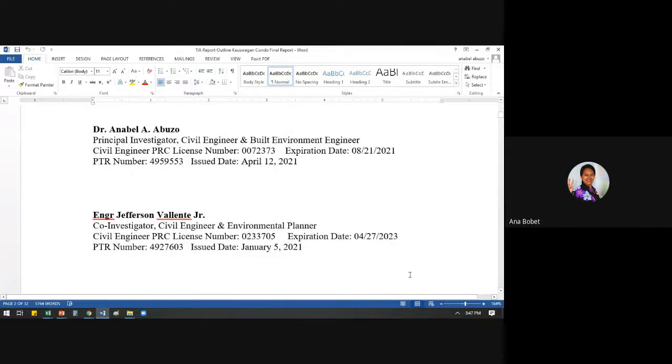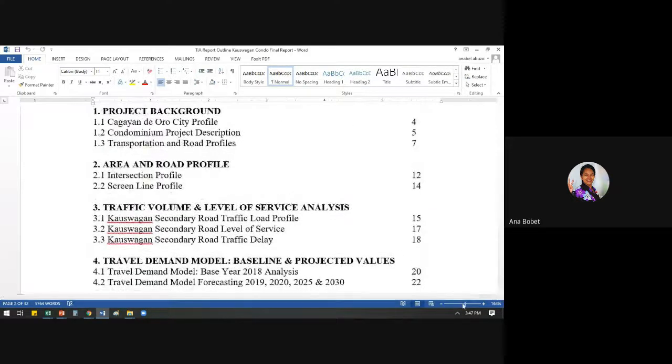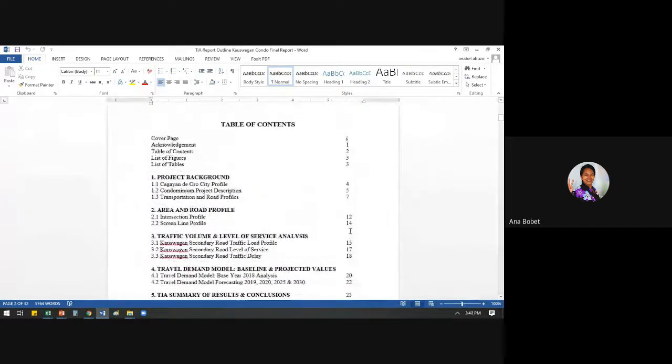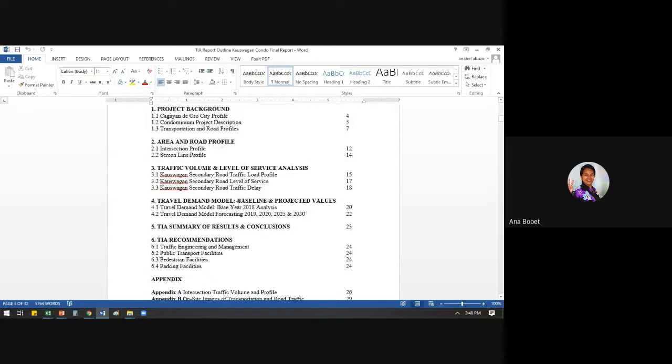The ones who worked on it were myself and Sir Jeff. And then this is the data. This is the outline, so it is more of a technical report. This is the cover page. But it is still like a feasibility study: project background, area and road profile, traffic volume, level of service analysis, travel demand. That's the one I gave you.